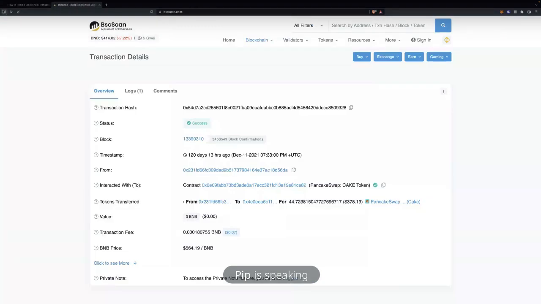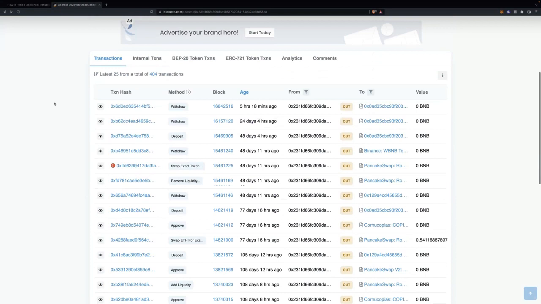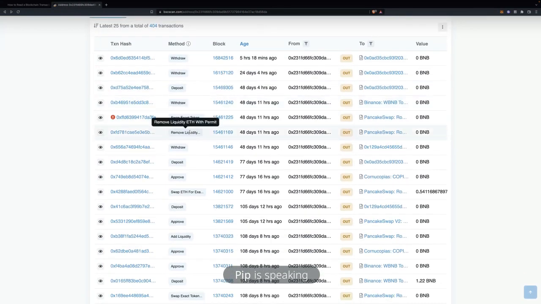the same thing on BSCScan. Same thing: deposit, withdraw, remove liquidity. So this particular person actually had supplied liquidity on PancakeSwap. So they might have created a token that might have been a test, it might have been a scam. We just don't know.